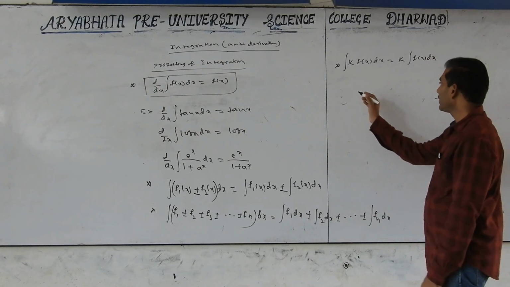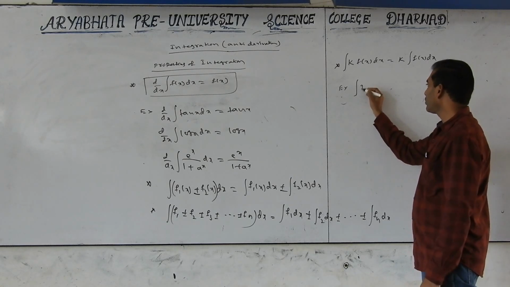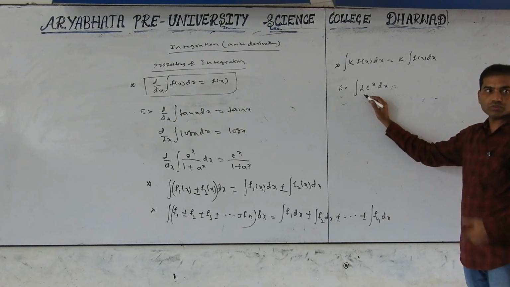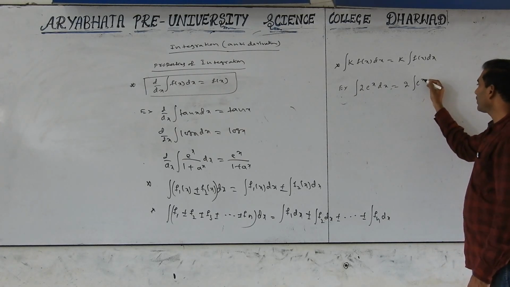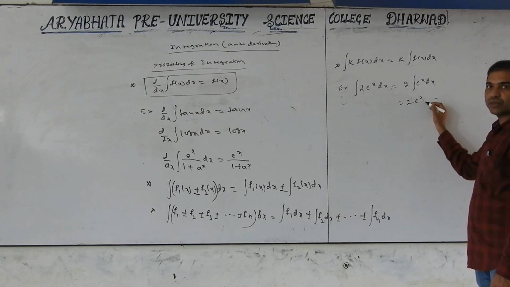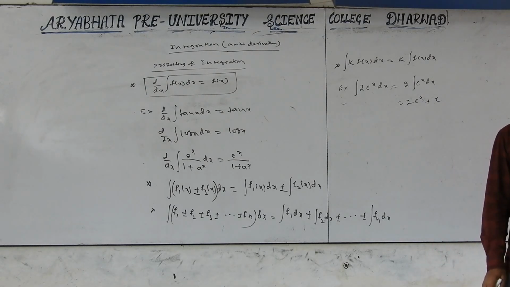For example, integration of 2 into e raised to x dx. What is the constant here? 2. Take it out: 2 into integration of e power x dx. So the integration is 2 into e power x, and at last we should add plus c.